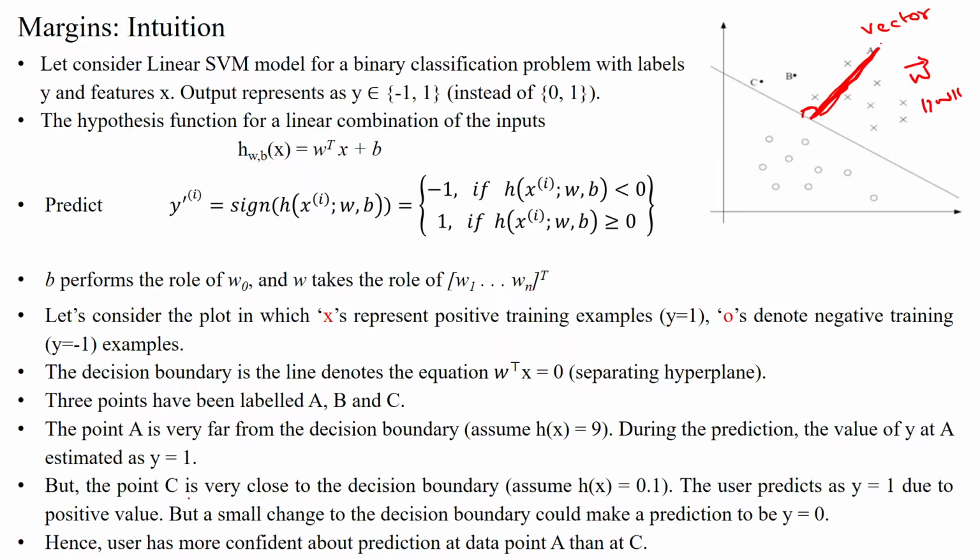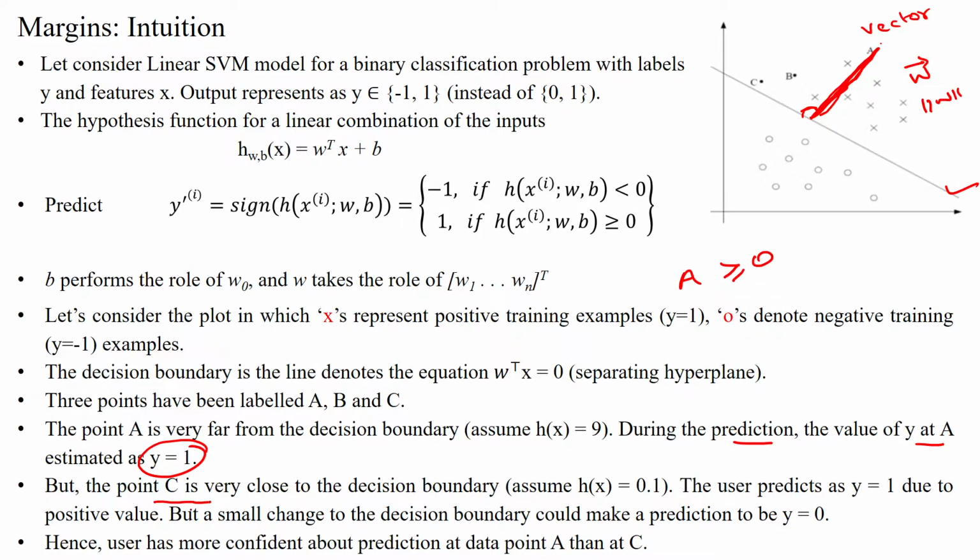So here, when you are observing A, which is too far from the decision boundary, during the prediction the value of A will be estimated as +1, because A is greater than or equal to the hyperplane 0. That's why it is in the positive class.